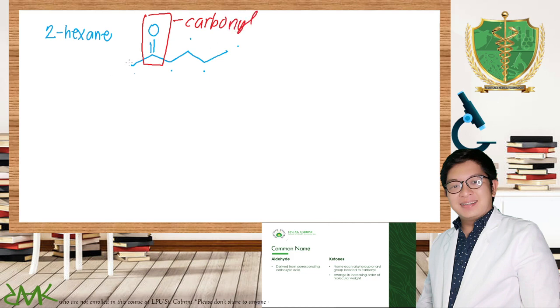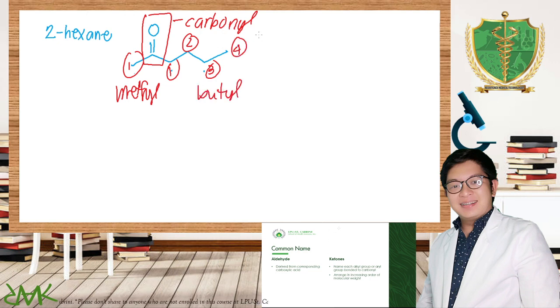Then name these: this is methyl, and 1, 2, 3, 4, this is butyl. So this is now our methyl butyl ketone.